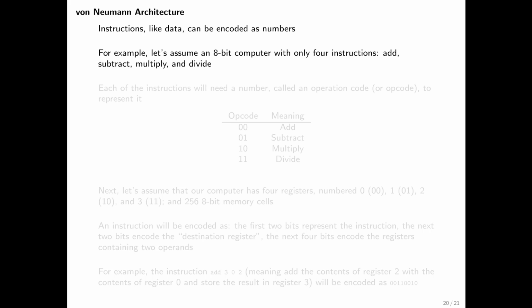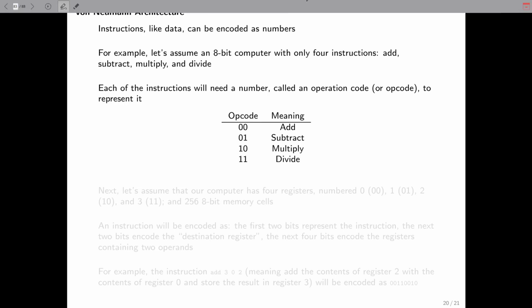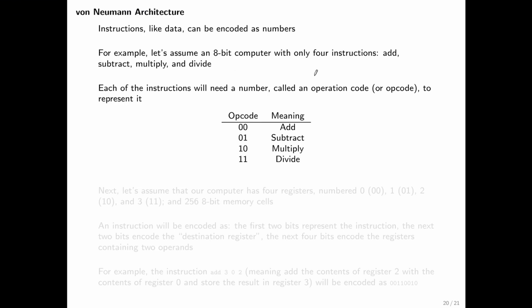So we want to talk about how you represent instructions on such a computer as numbers. The first thing that we need to do is map those instructions or operations to numbers, and that's very easy. There are just 4 operations here, and hence we just need 2 bits of information to represent all 4 operations. So here's the mapping. Add is represented by the number 0, subtract by the number 1, multiply by 2, and divide by the number 3.